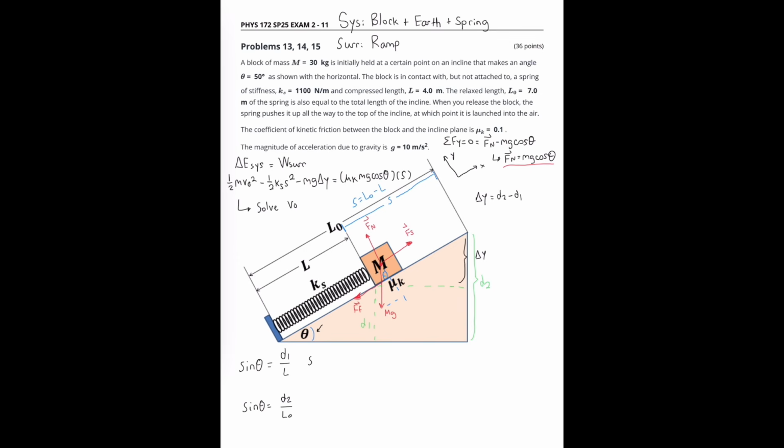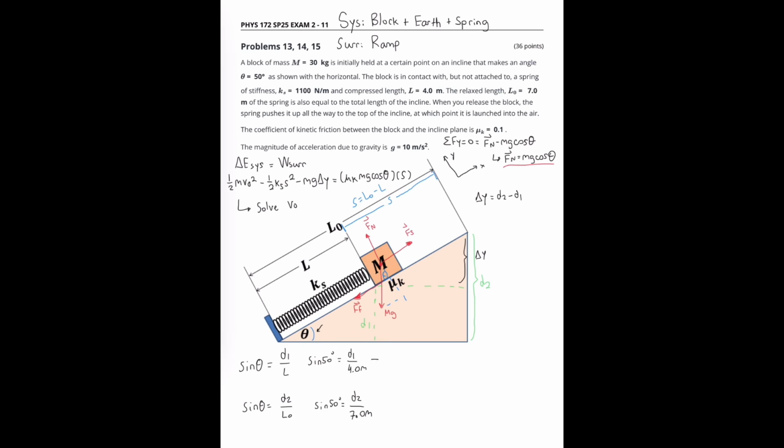So sine of our 50 degrees is equal to d1 over our length of 4.0 meters, and sine 50 is equal to d2 over L naught, which is 7.0 meters.